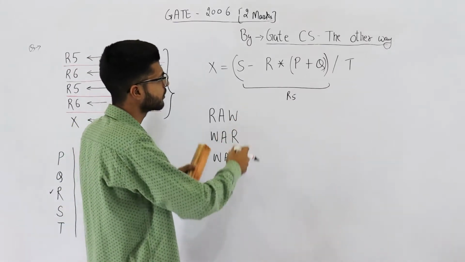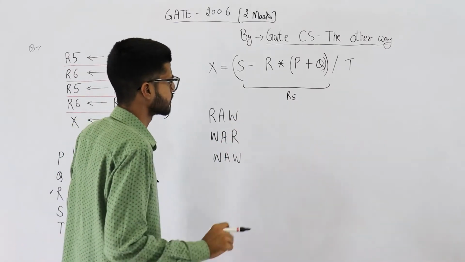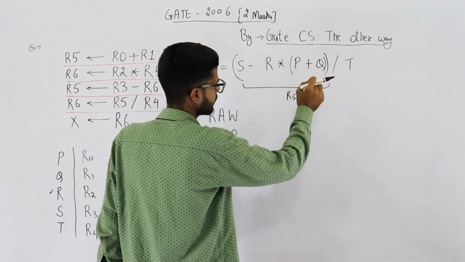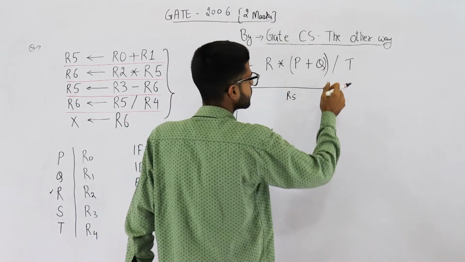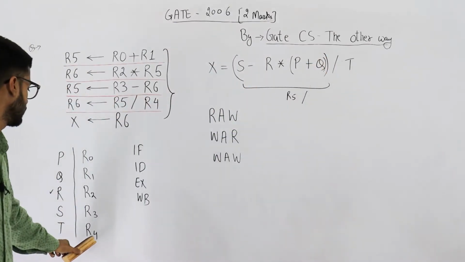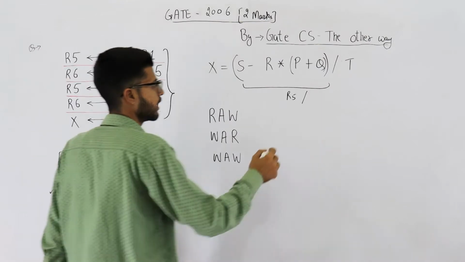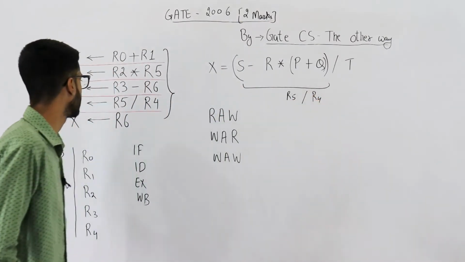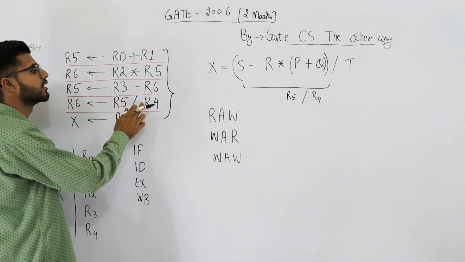You don't need to do such things in the exam, but still I am explaining it. So this much part is R5. You need to divide this by T. T is saved in register R4. R5 divided by R4. Yeah, that's correct. R5 divided by R4.